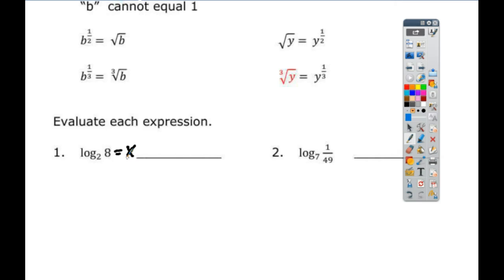The very first day, I taught you that super mathematical trick, the circle thingy. When there's only one log, we're going to do the circle thingy again. So here's the circle. We go 2 to the x equals 8.